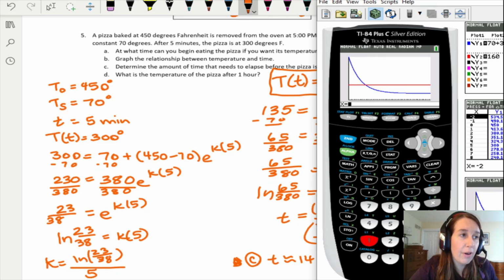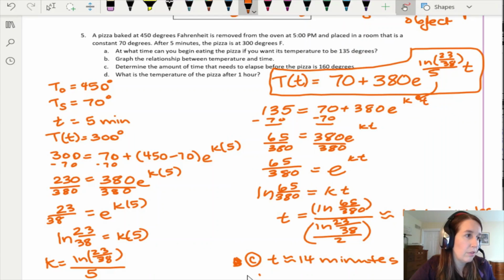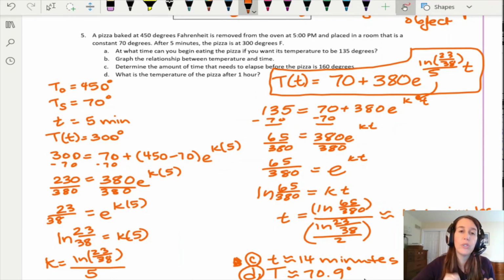And for 1 hour, I want to put 60 minutes because my time is in minutes. Okay, so I got 60 minutes. It's 70.9 degrees. So D, the temperature is about 70.9 degrees. So it's still cooling off, but it's getting closer and closer to 70. That is that horizontal asymptote.